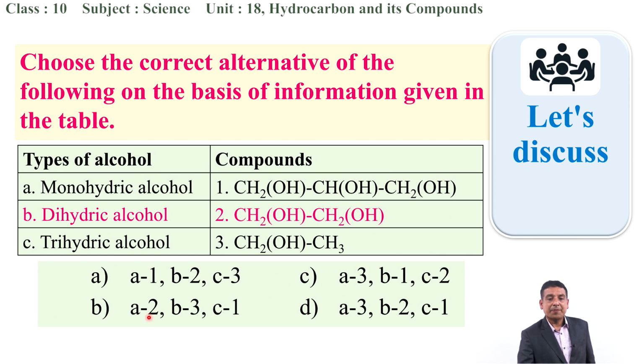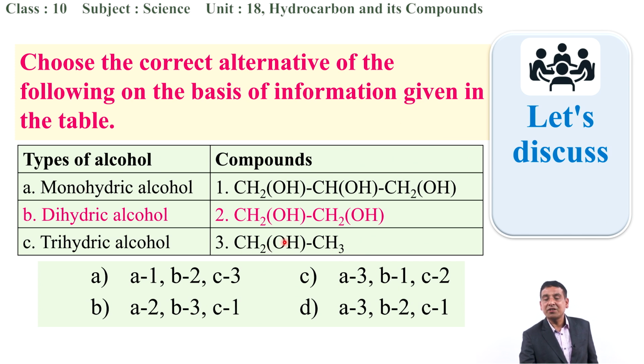Next, A2, that means monohydric alcohol, this is 2. How many hydroxyl groups have you seen here? 2. That means this is dihydric. If A does not match with 2, then you can just omit this. Next, go to A3, that means monohydric alcohol 3.